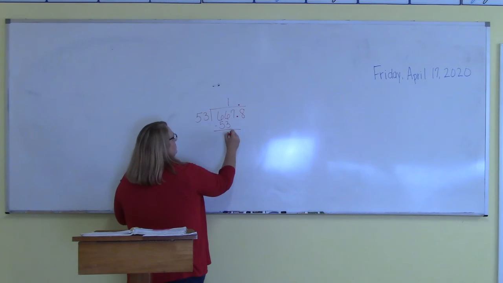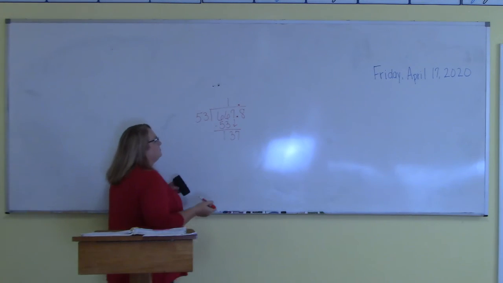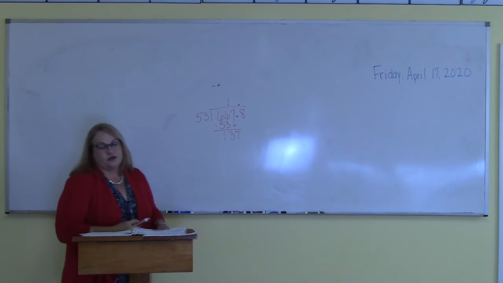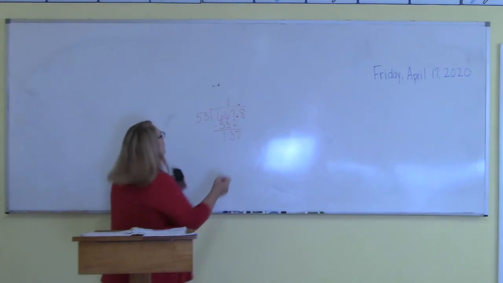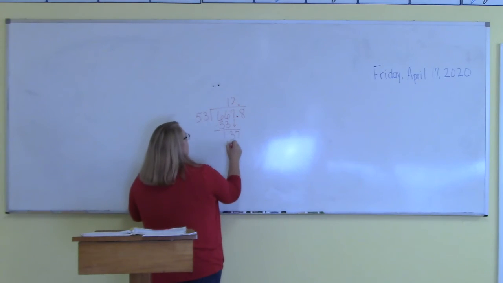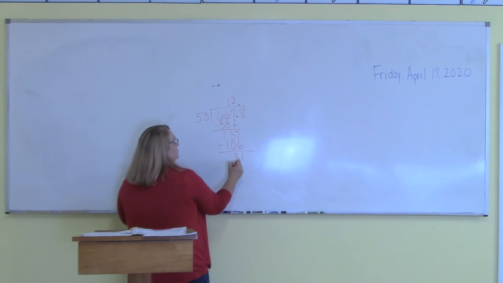Subtract. 6 minus 3 is 3. 6 minus 5 is 1. Bring your 7 down. How many times can 53 go into 137? 2. 106. 7 minus 6 is 1. 3 minus 0 is 3.